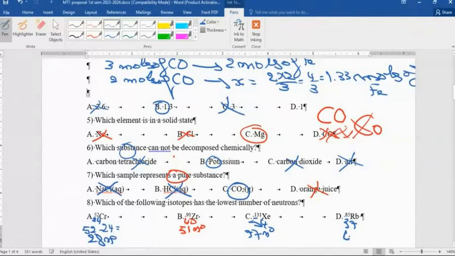It will be what? 48 neutrons. So which one has the lowest number of neutrons? Now, 28 is the smallest number. So my answer is chromium 52.